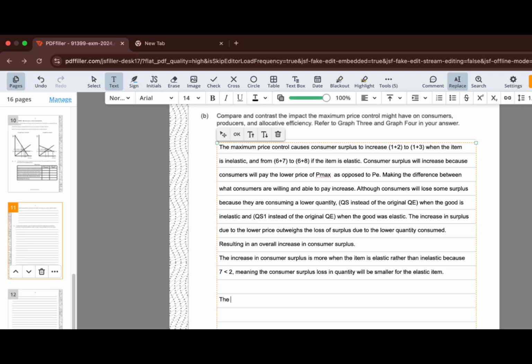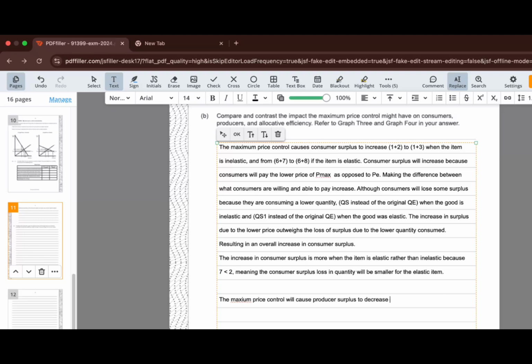The maximum price control will cause producer surplus to decrease. Again, guys, we've got to just put those numbers in. Very formulaic kind of answer here.